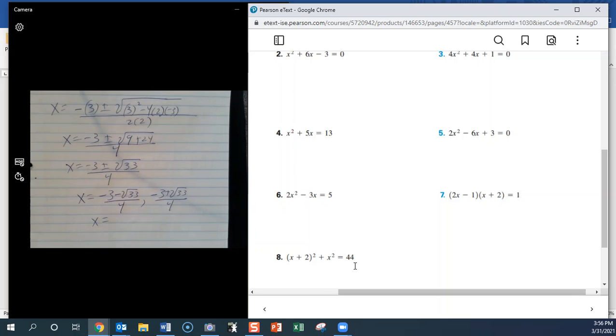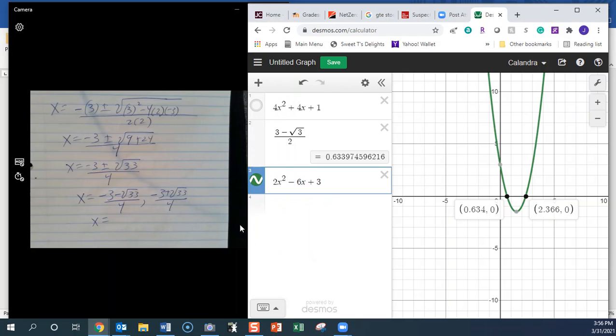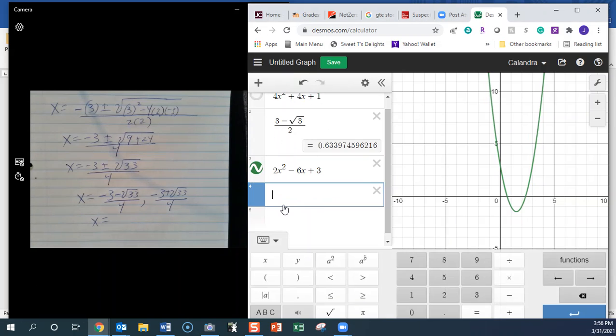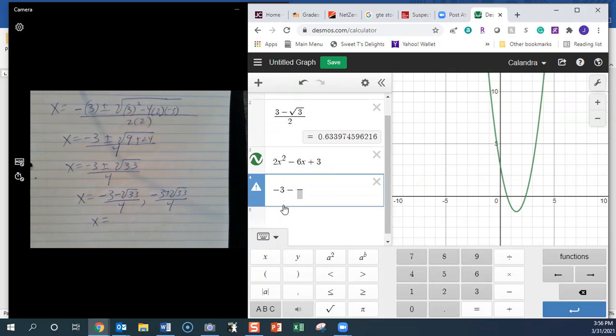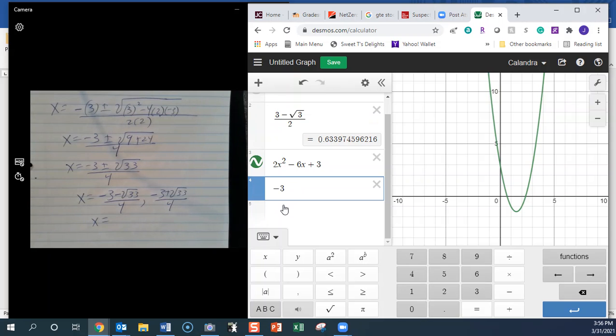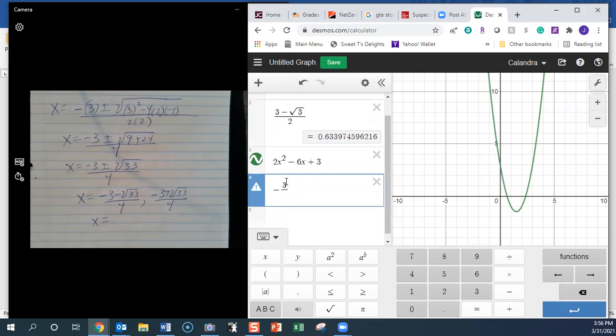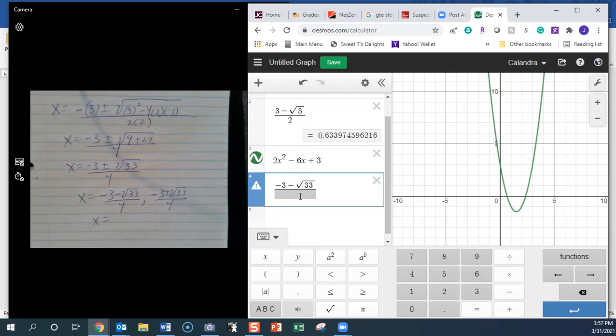So x is equal to, now we have to round this to 2 decimal places. So we go right back here to decimals. And we could do negative 3 minus, I should put a division sign here. So we have negative 3 minus the square root of 33 all over 4.